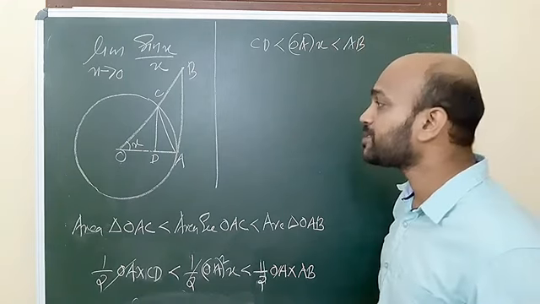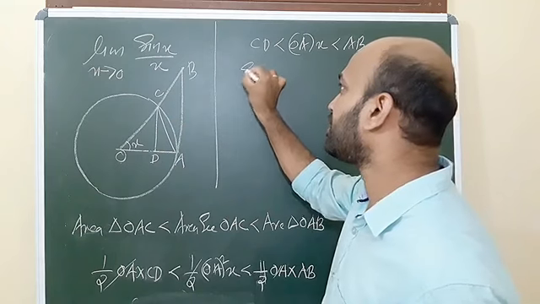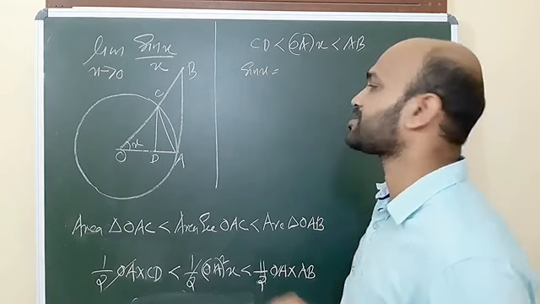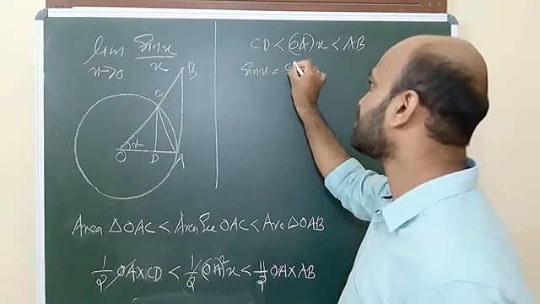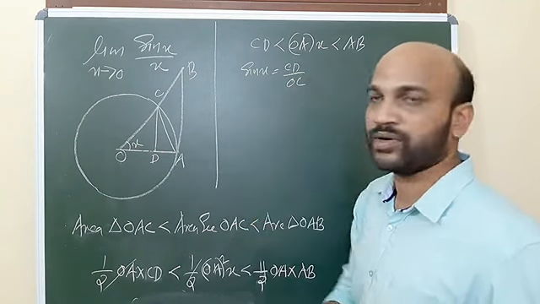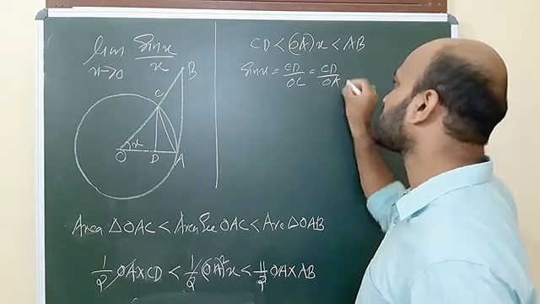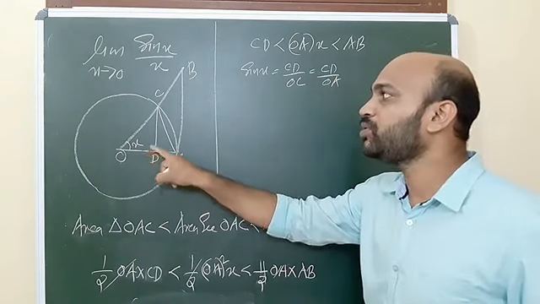Okay, now what is CD? From this triangle OCD, sin x equals CD by OC, that is opposite by hypotenuse, so CD by OA, because OC equals OA.